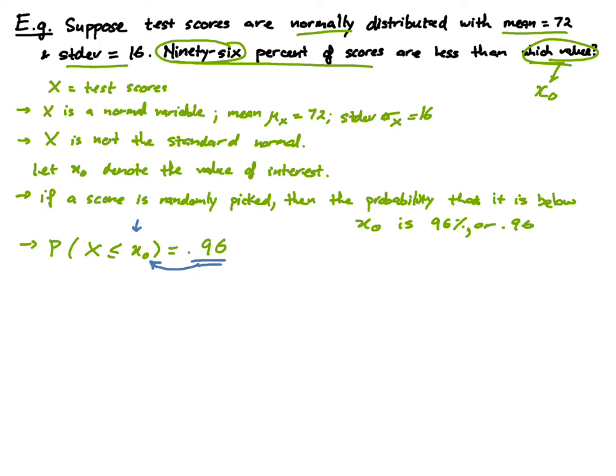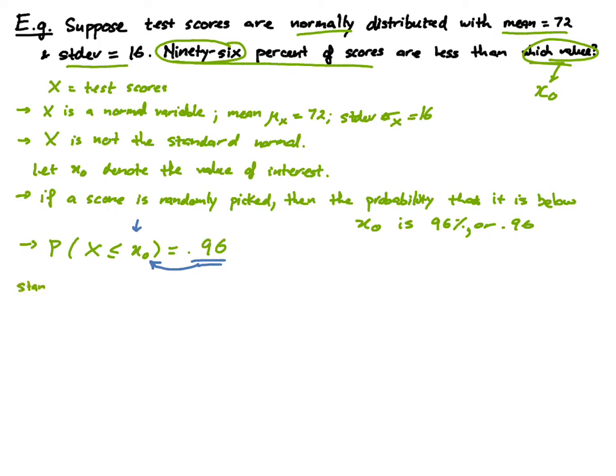Note that we have observed that X is not the standard normal. So whenever you see a normal variable that's not the standard normal, you want to standardize it. So let's go ahead and do that.